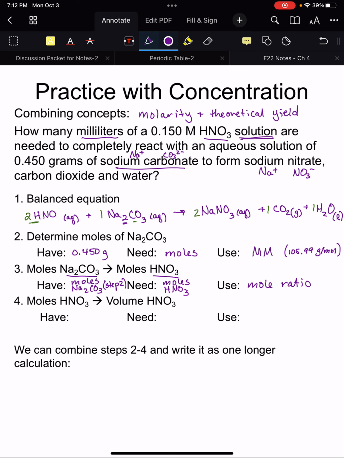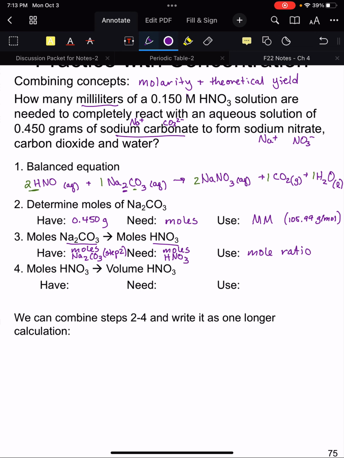So the last part, normally, once we have the moles of the thing we're interested in, we go to grams using the molar mass. In this case, we're not going to do that because we have a solution of the nitric acid, and it doesn't make sense to try to find grams when you have a solution with a certain concentration. So instead, we're going to convert to a volume using the molarity.